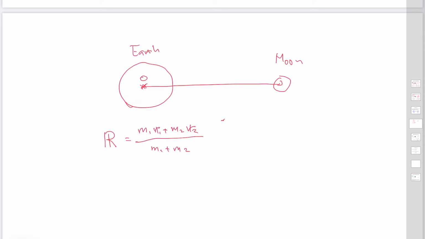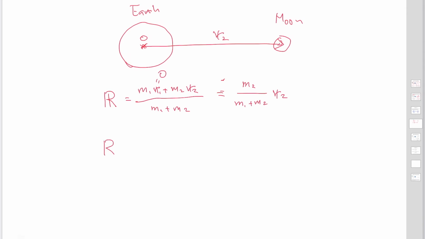Actually, r sub 1 becomes 0. So you can substitute r sub 1 equals 0. This means m sub 2 over m sub 1 plus m sub 2 times r sub 2, which is equal to R. If you consider the magnitude of R, it is equal to m sub 2 over m sub 1 plus m sub 2 times r sub 2.